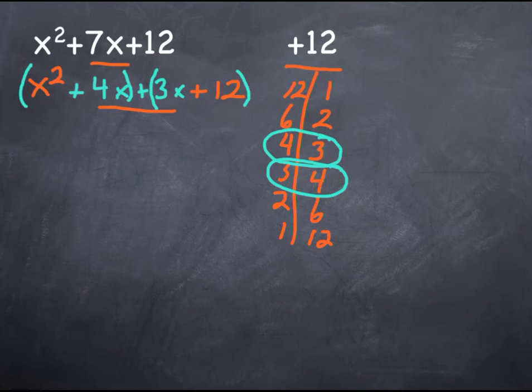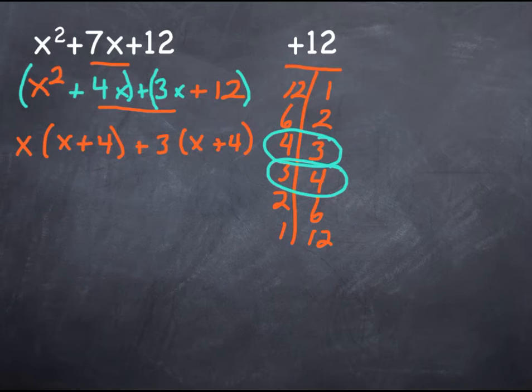Looking at the x squared plus 4x, we can see a common factor of x, leaving us with x times x plus 4. Looking at the 3x plus 12, we can see that it has a common factor of 3, leaving us with 3 times x plus 4.